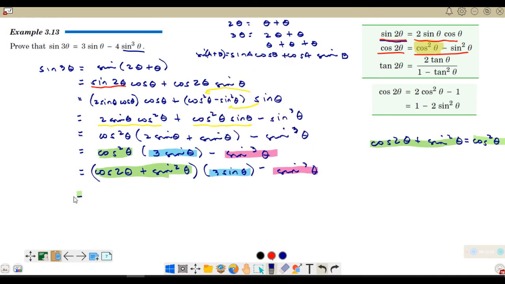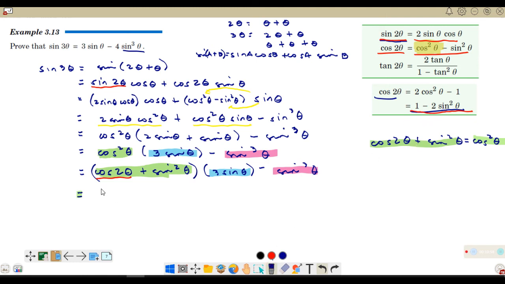So, cosine 2 theta, ito, cosine 2 theta is actually equal to this one. 1 minus 2 sine squared theta. So, palitan natin to. Si cosine 2 theta by this. 1 minus 2 sine squared theta.